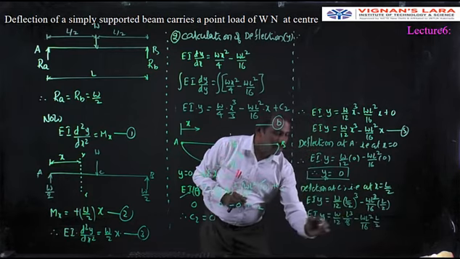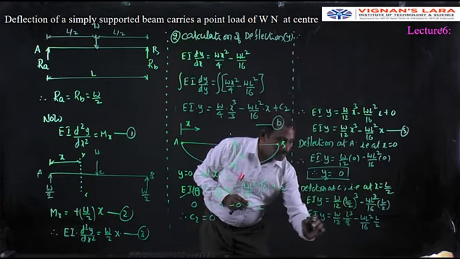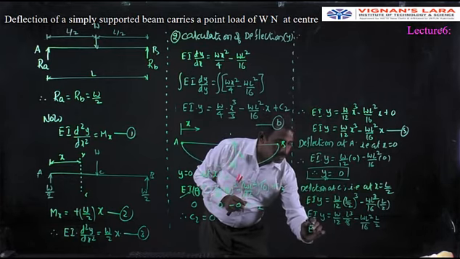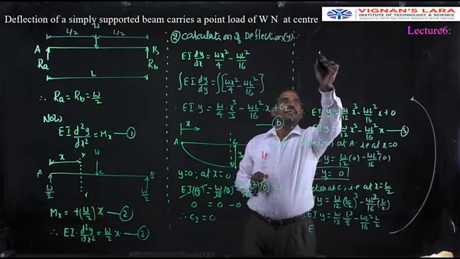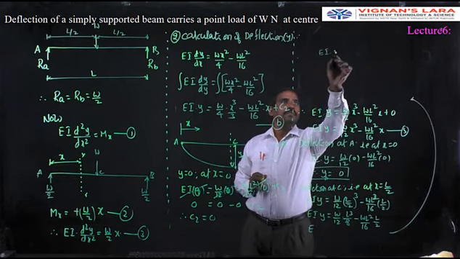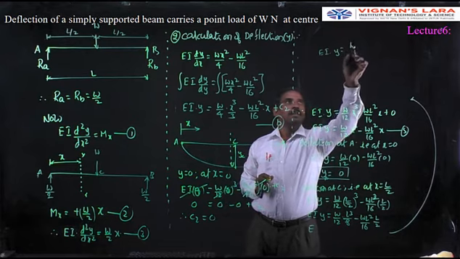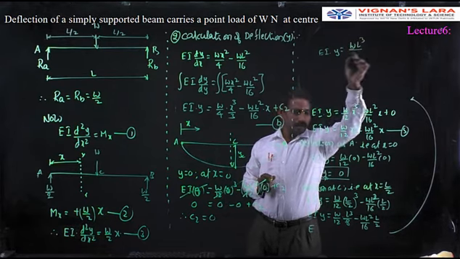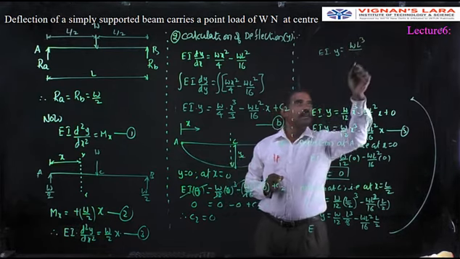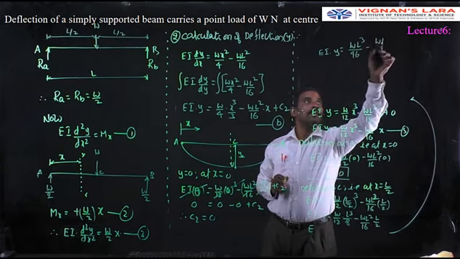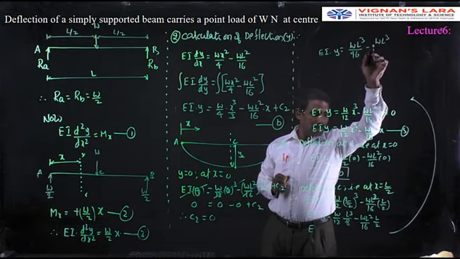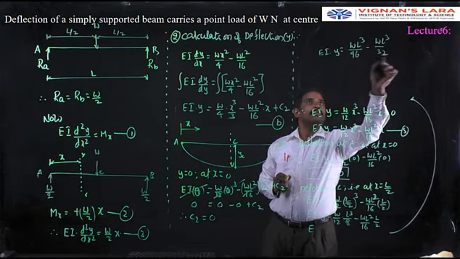So finally the value for the deflection is EI into Y is equal to WL cube by 96 minus WL cube by 32.